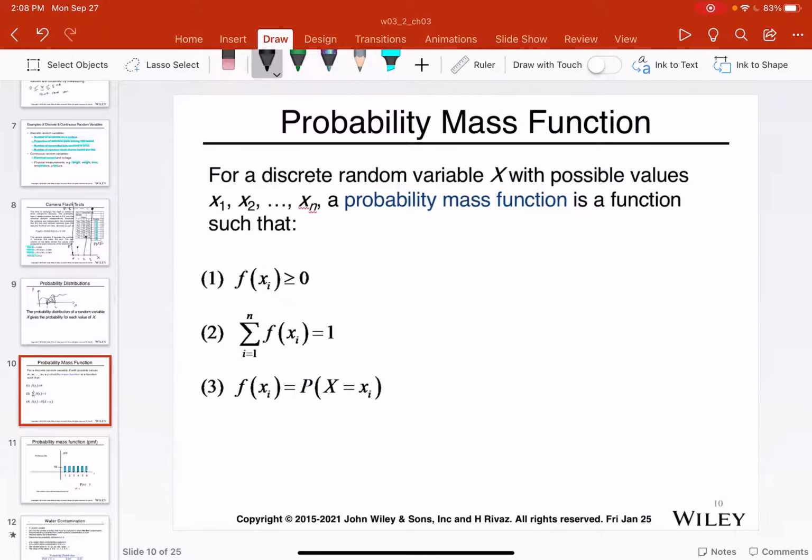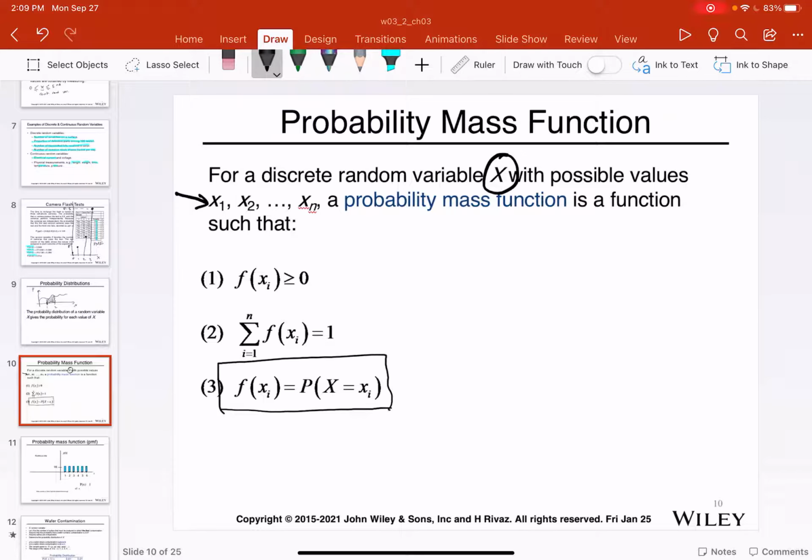Okay, so the probability mass function is defined for a discrete random variable x, and this random variable x can take values x1, x2, all the way to xn. Probably the third one should be first, because that's the most important one.